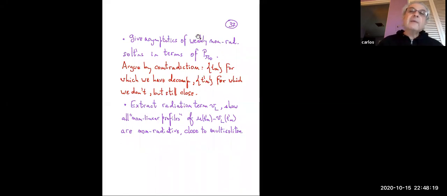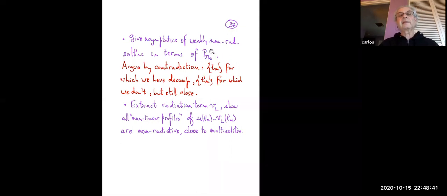Then the next step, and that's basically the content of the second paper, is that we give asymptotics of these weakly non-radiative solutions of the nonlinear wave equation in terms of the weakly non-radiative solutions of the linear wave equation. They have the same asymptotic behavior. And this is this finite dimensional subspaces that I flashed before.